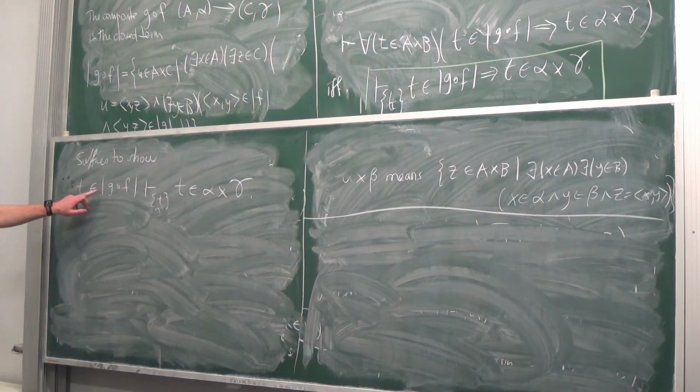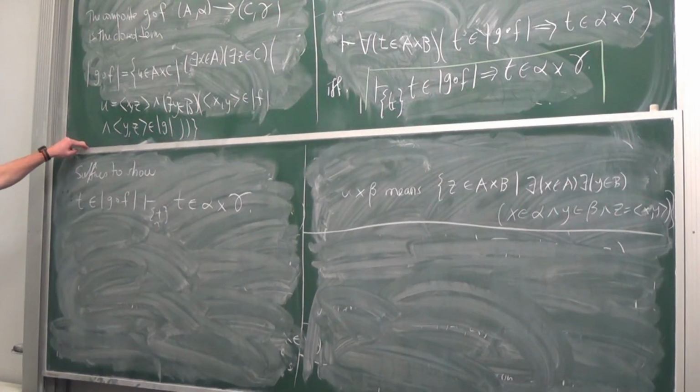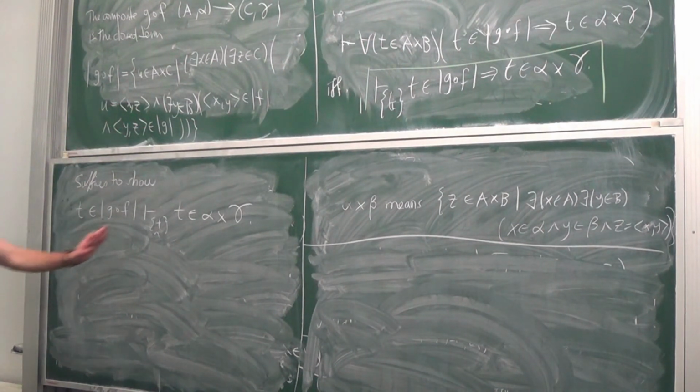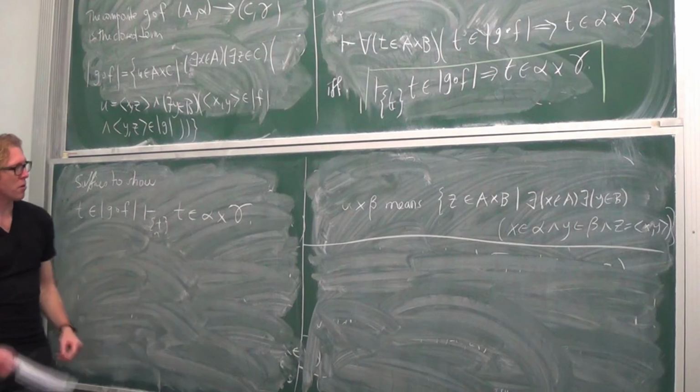Now the left-hand side is of the form T in a comprehension, right? Because this thing is just an abbreviation for this comprehension. The right-hand side is also a comprehension.